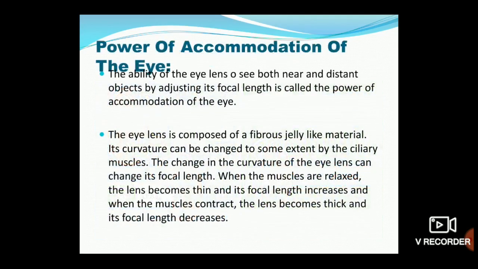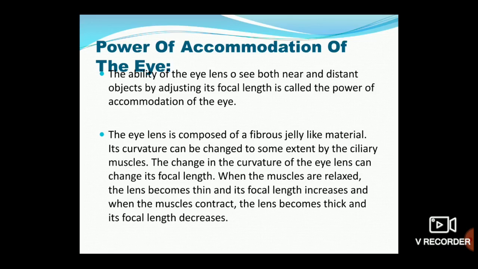When the ciliary muscles are relaxed, the object kept at infinity can be seen clearly with a sharp focus of the image on the retina. When the object is brought closer to the eye, the focal length gets reduced, or we can say shortened.